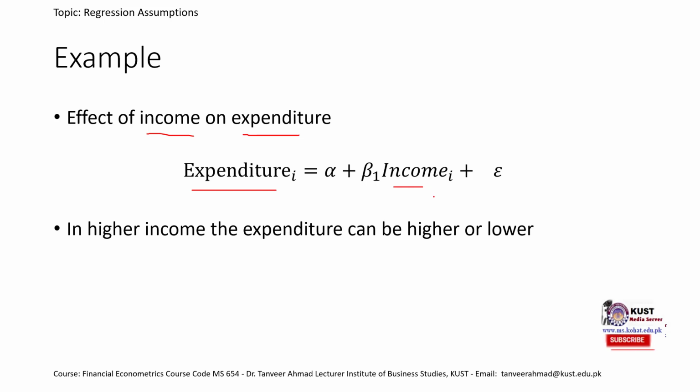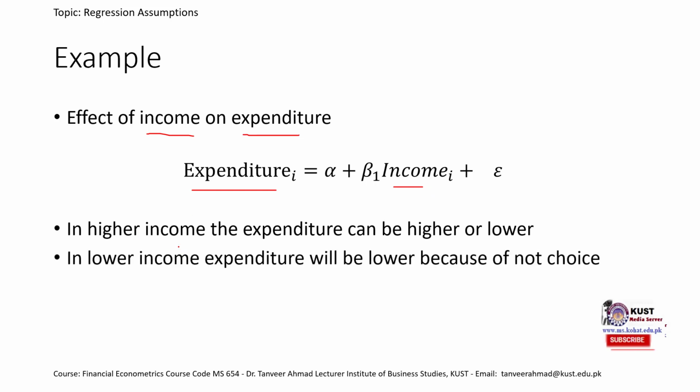Then from this graph, we would see that the higher the income, the higher the expenditure. But at higher income, the expenditure can be higher or lower. That means the dispersion is higher. The standard deviation is higher at higher income levels, whereas at low income, the expenditure will be lower because they do not have the choice.